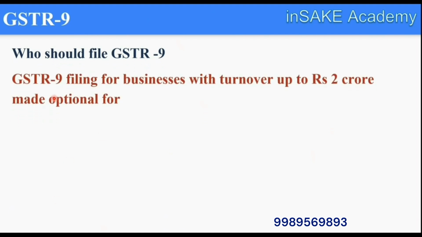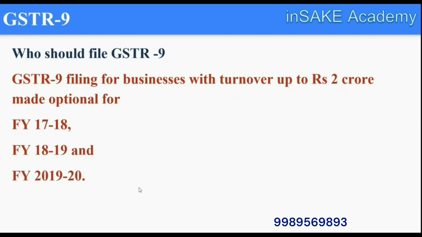GSTR 9 filing for businesses with a turnover up to 2 crores has been made optional for the financial years 17-18, 18-19, and also 19-20. It is a complicated form which provides elaborate details contained in GSTR 1, 2A, and GSTR 3B.